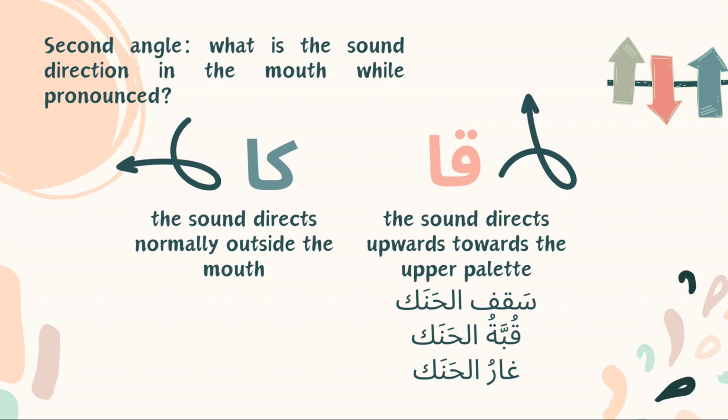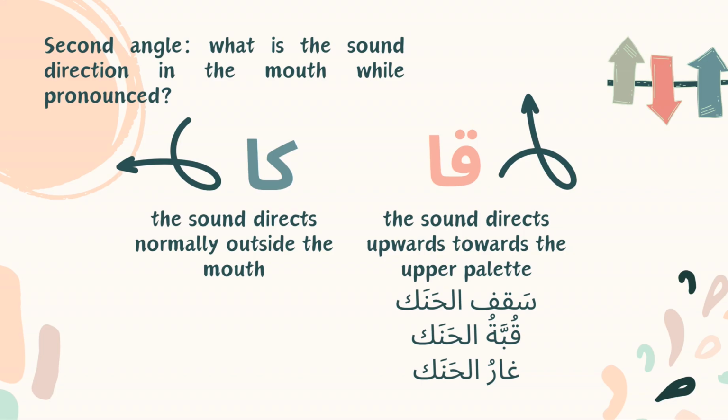Then the kaf. We need, of course, to be sure that we are pronouncing all the letters from their correct makhraj, from their correct articulation point. Now, what is the articulation point of these two letters? And why did I get both of them to compare between them? Because they are both articulated from almost the same place.